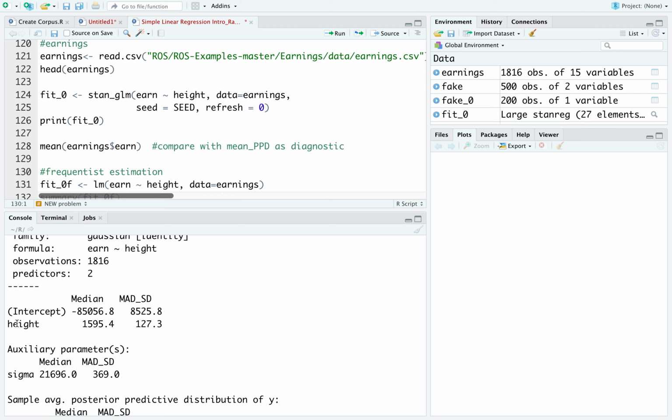It means that if you were to look at two people who were an inch apart in height, people who are an inch taller are on average expected to have earnings about $1,600 more. And the uncertainty around that coefficient is about $127. So maybe 250 in either direction would give us a nice confidence band.